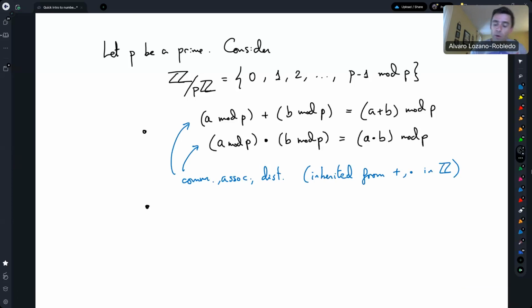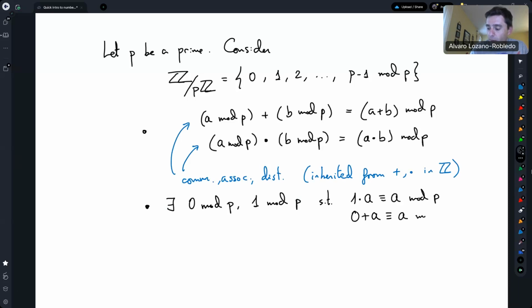The second property is that we always have 0 mod p and 1 mod p that satisfy those properties that we wanted, that 1 times a is always congruent to a mod p, and 0 plus a is always congruent to a mod p. You can check those if you want.